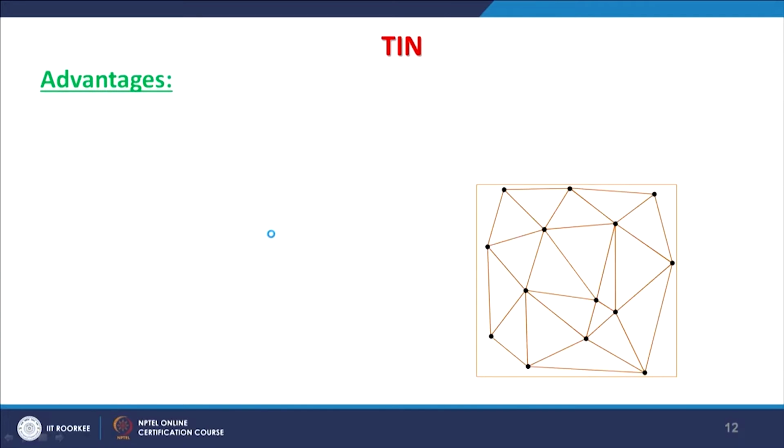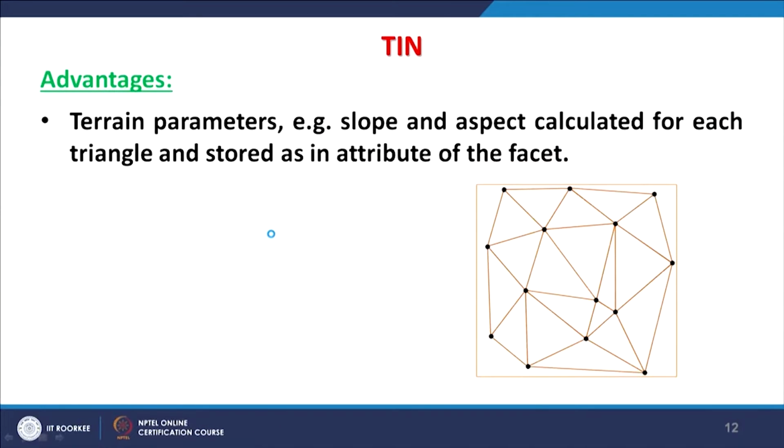And now the advantages we have been discussing: not only is it adaptable to relief roughness, but when you create a TIN, it also creates slope and aspect, and that is why the TIN looks more realistic when you display it for the same terrain as you have in raster.